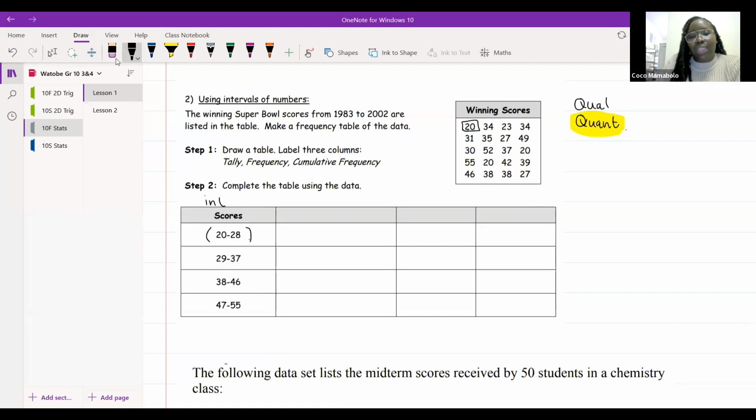They were very smart to call them intervals. We're going to count everything in between 20 and 28 and put those together. First we look for a tally because they want us to put a tally, and then we calculate the frequency, and then we'll calculate the cumulative frequency.